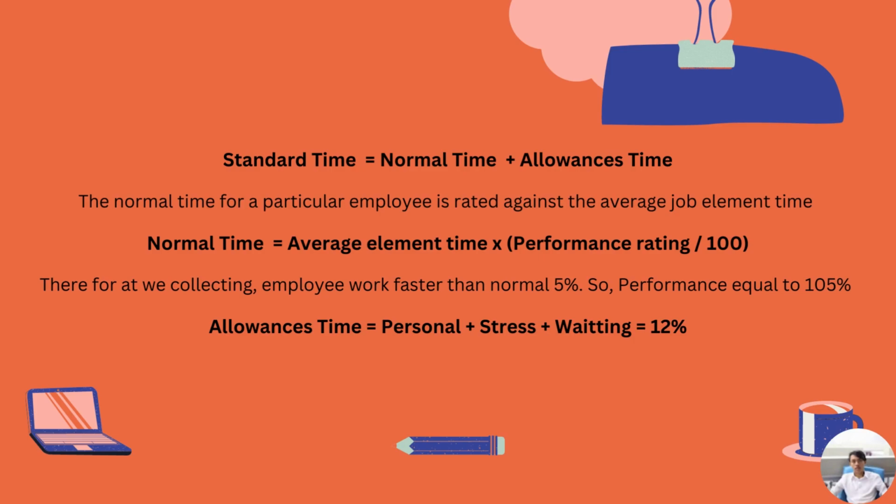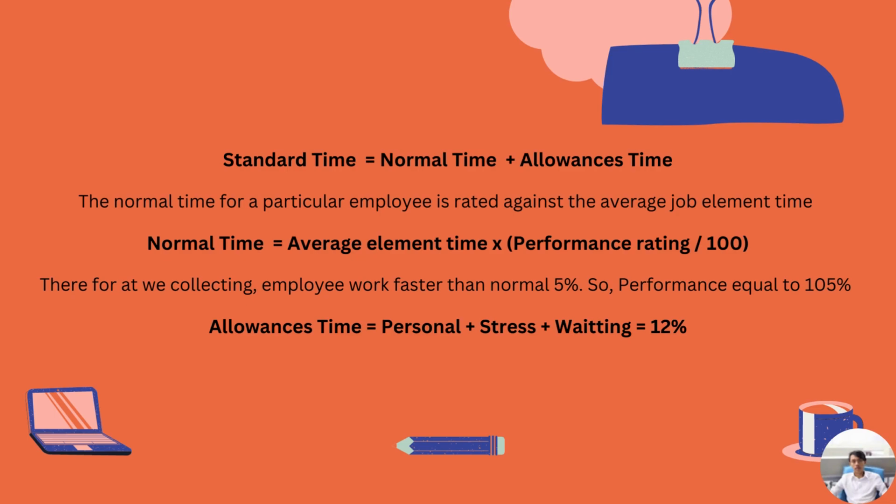For this equation, standard time equals normal time plus allowance time. The normal time for a particular employee is rated against the average job element time. So the normal time is equal to average element time multiplied by performance rate.